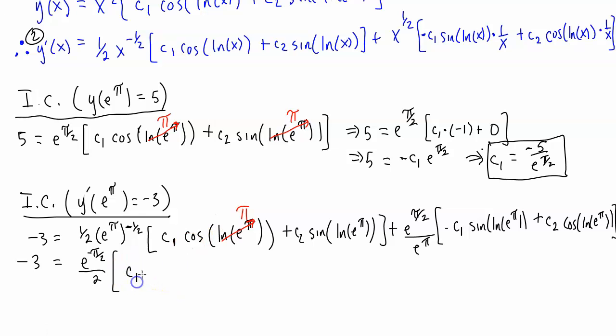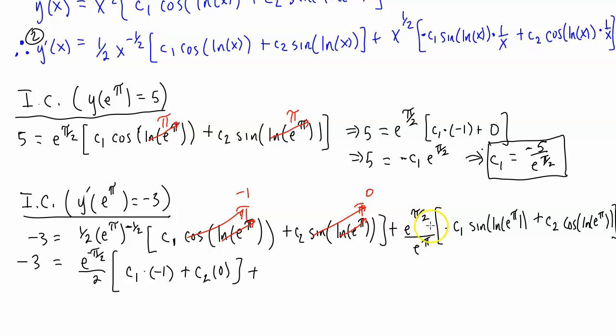So here this will just be C1 times -1 plus we got C2. And if you remember from before, natural log of e raised to the pi is pi, and sine of pi is 0. So all this is 0. Of course, all that is -1, that's 0. So here, that's just that times 0 plus.